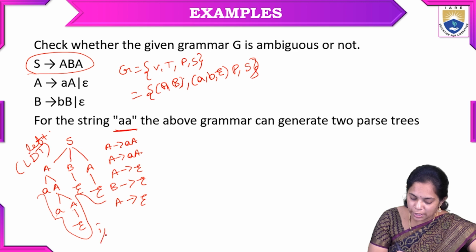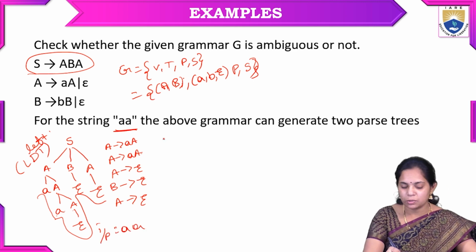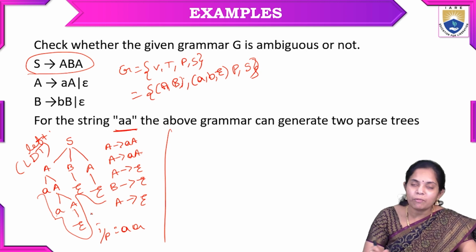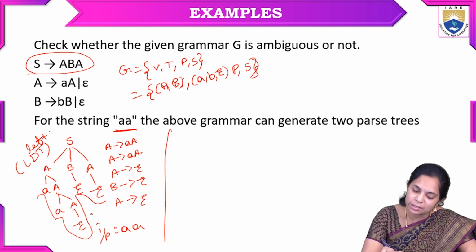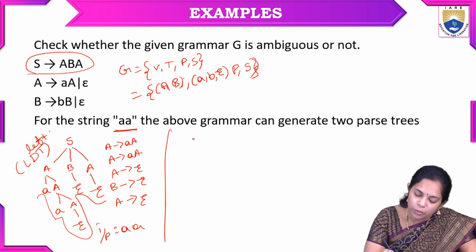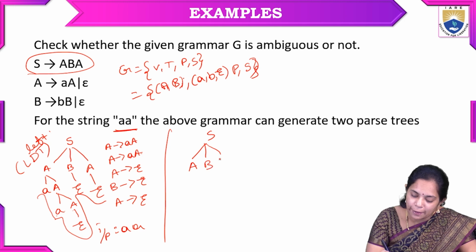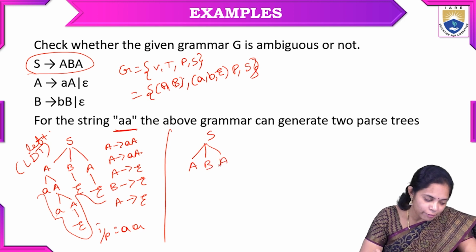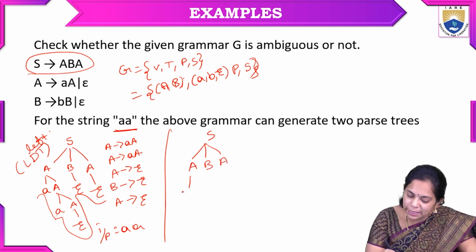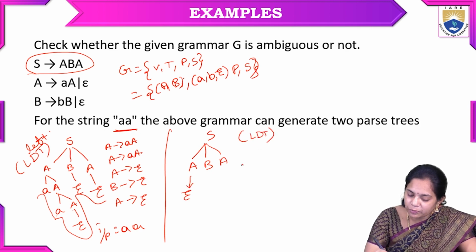So, input string is AA. So, this is one left derivation tree. And we will form one more left derivation tree for the same input string. So, how we have to? So, A, B, A. So, here what we have to replace? First, if you replace A with epsilon, so this is also a left derivation, LDT.